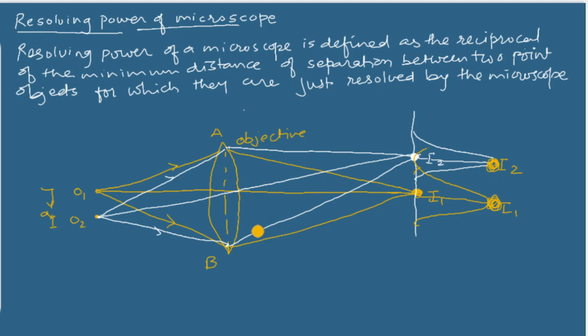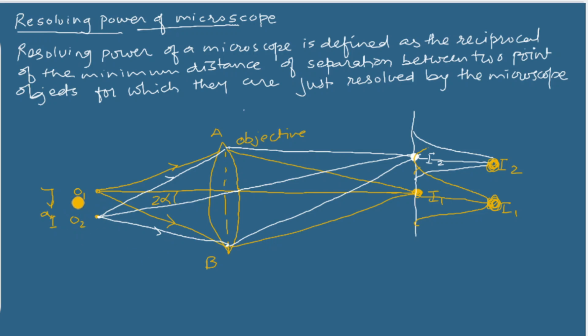Now you can see this is the angle made by the two objects with the objective, that is 2 alpha. This is the straight line going from the object O1, and this is the straight line going from the object O2, so the angle between these two is 2 alpha.